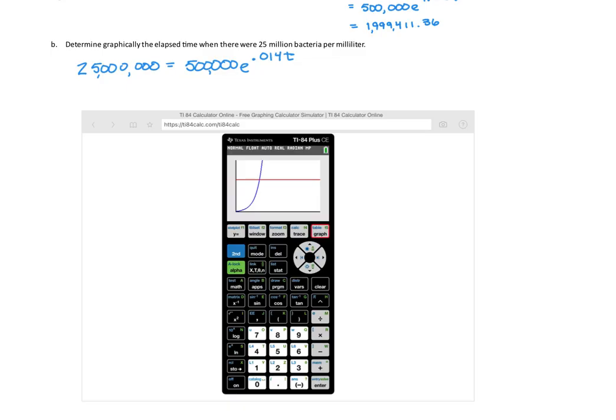Okay, so now we want to go ahead and calculate something. If you come here above trace, you will see that there's that calc up there, so we're going to click on that. And I want to click on intersect. We're going to go ahead and use our left and right arrows, and we are going to try to move our cursor over near our graph.